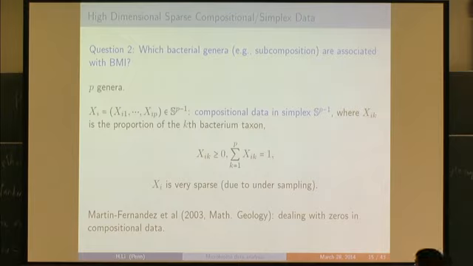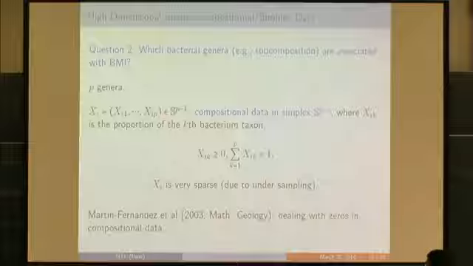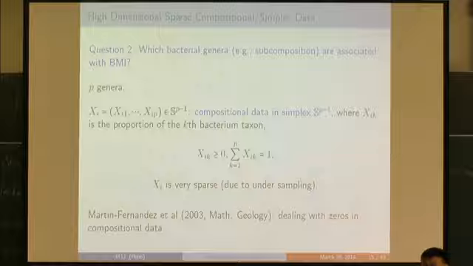In addition, for many microbiome studies, not only do we have proportions, we also have lots of zeros. For a given individual sample, if you consider P as the number of species, a lot of the time you have zeros. So the data we have is high-dimensional, compositional, and very sparse because you have lots of zeros.